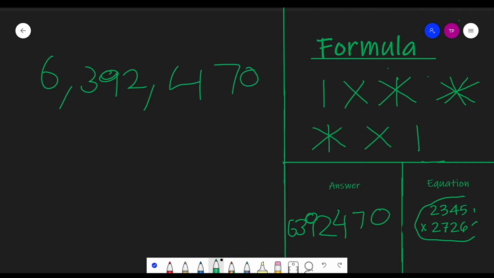That is just a big answer. And you saw how we solved this equation super simple. So on to the next equation.